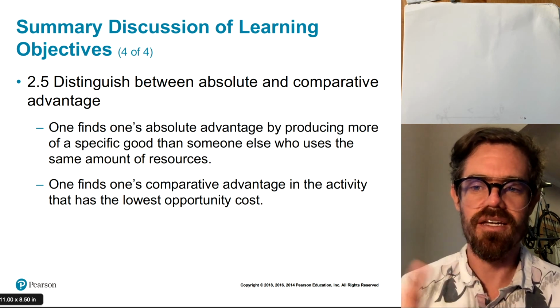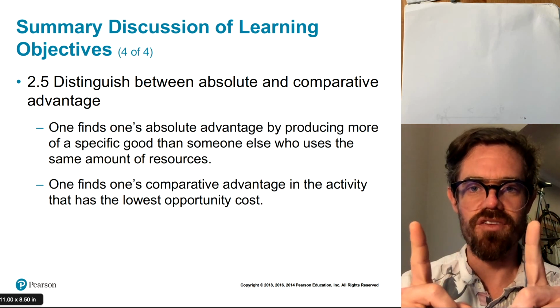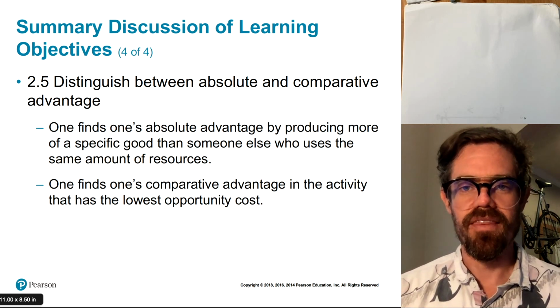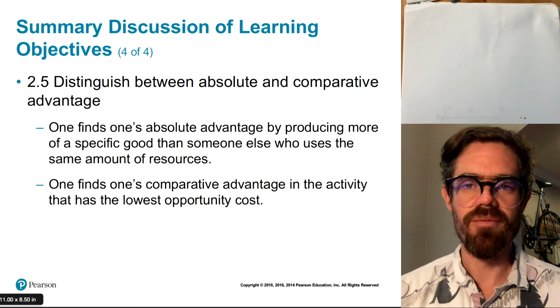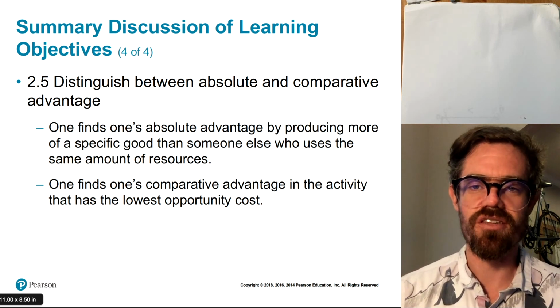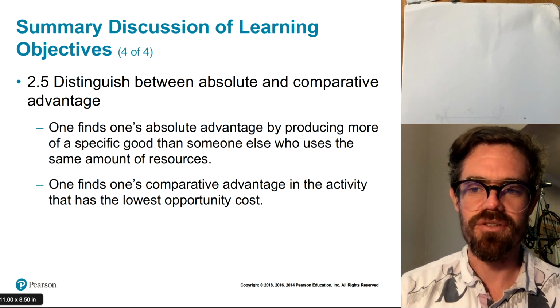And again, remember, it's a relative concept, so you have to compare two or more individuals or economies or regions. That's in contrast to absolute advantage, which is who can make the most given resources without thinking about the costs, without thinking about what they have to give up.